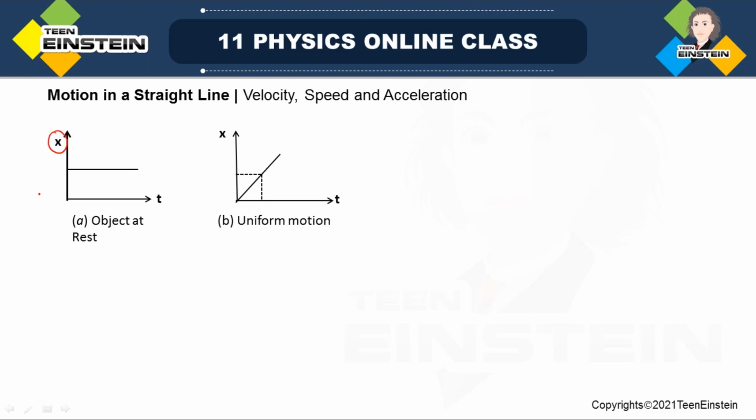So this is position, which is denoted by x, and this is in the x-axis, this is time. So this is called position versus time curve, graph or curve.